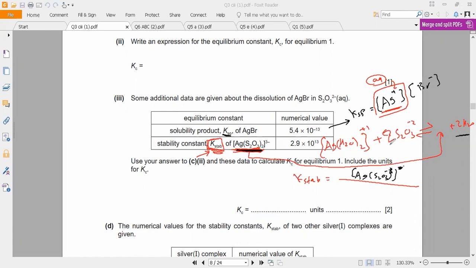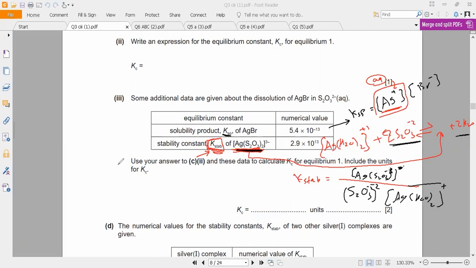H2O, we don't include it. Over the reactant, which is S2O3 2-, and here we have also Ag(H2O)2+.